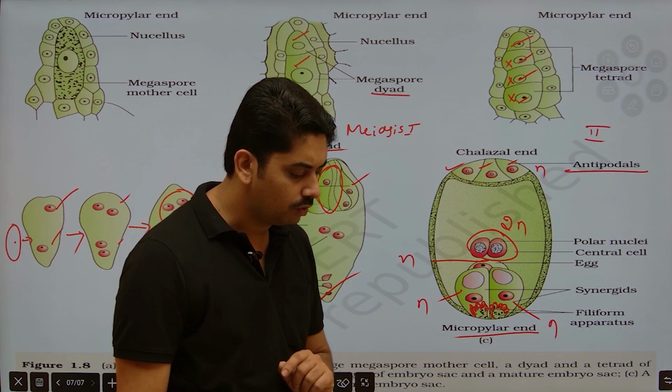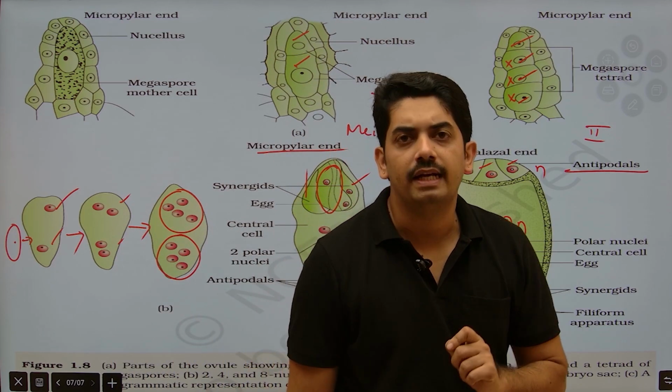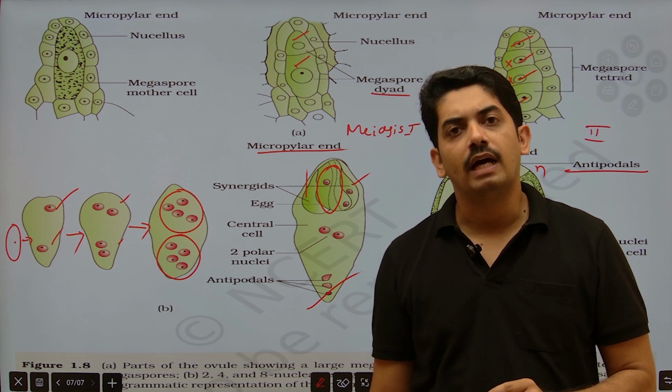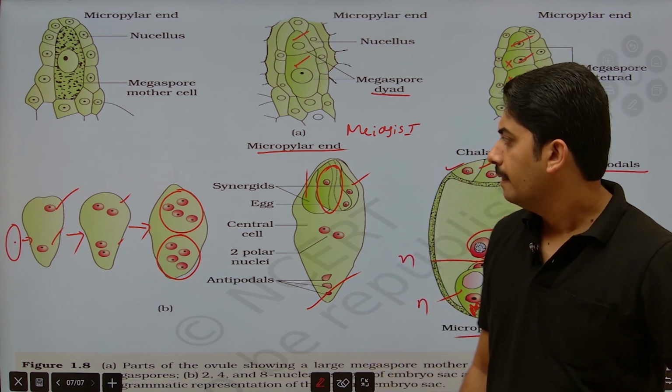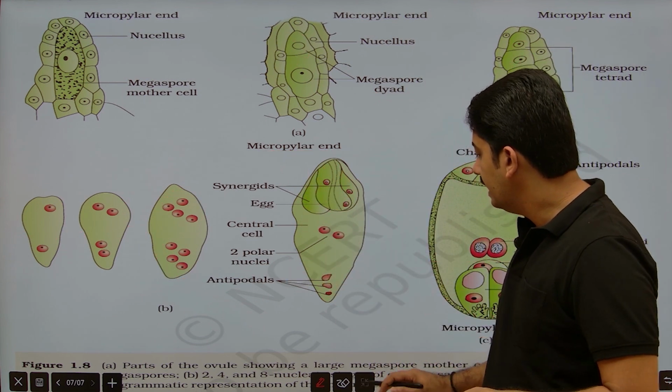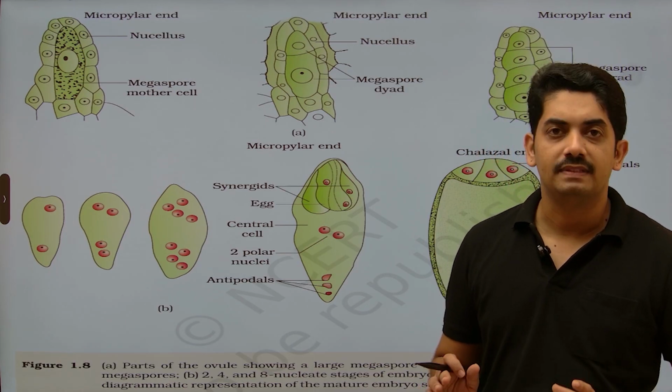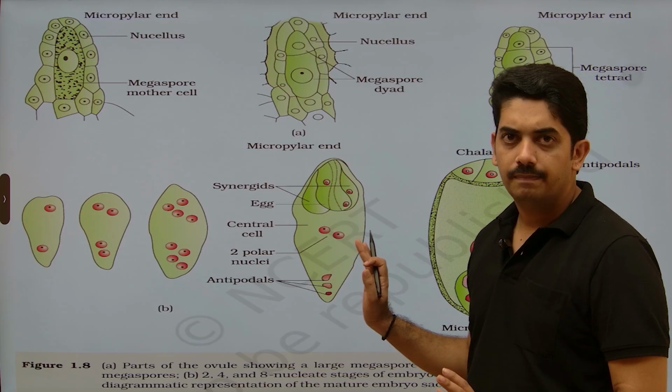So whenever the question comes, what is the ploidy of the endosperm? It is triploid. What is the ploidy of the polar nuclei? It is diploid. So you can expect many questions related to the ploidy of the cells from this concept.